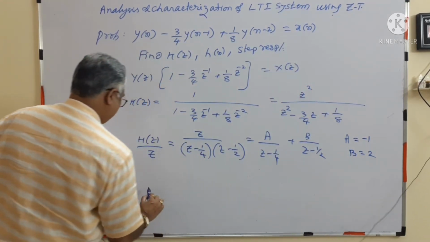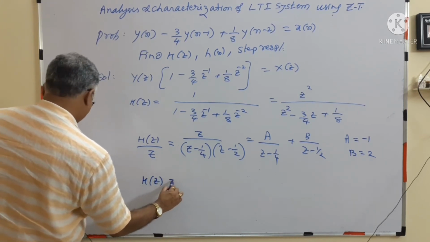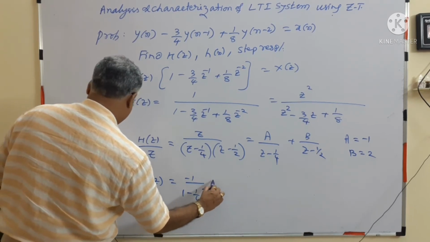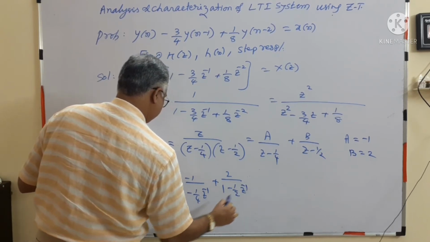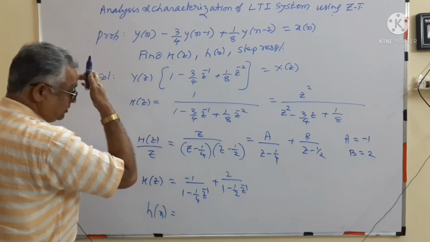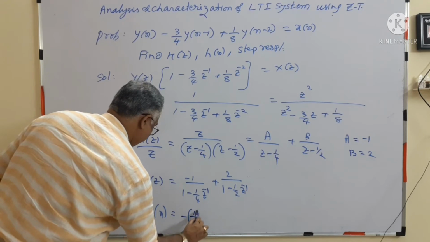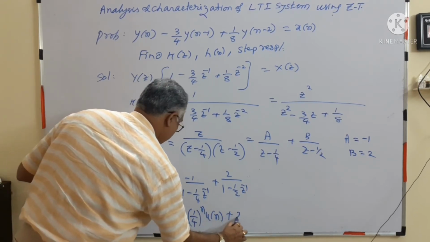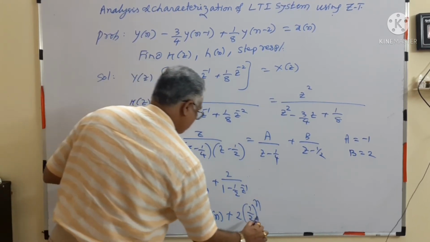Then straight away H(z) is minus 1 by (1 minus 1 by 4 z inverse) plus 2 by (1 minus 1 by 2 z inverse). From this h of n equal to, so you know how to find inverse, minus (1 by 4) to the power of n u of n plus 2 (1 by 2) to the power of n u of n.